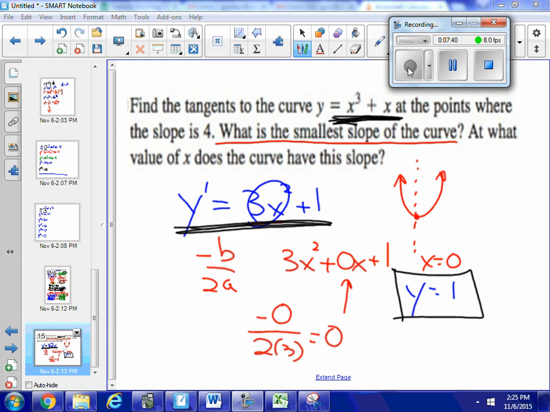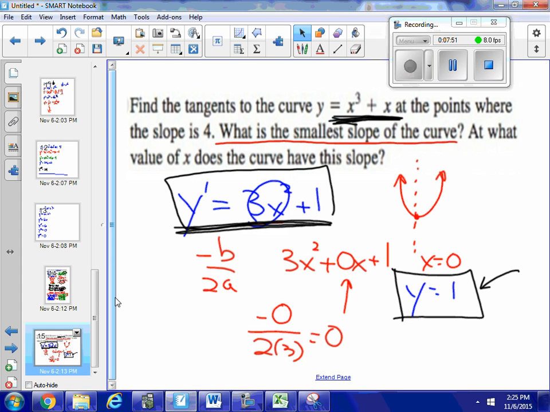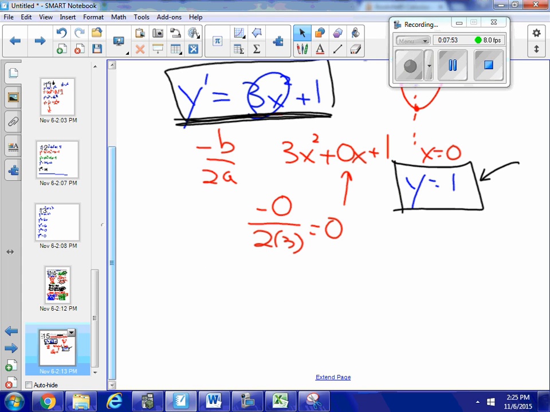Now, we could have also figured that out just thinking about transformations. So I know if I have the function x squared, that's a parabola. And I know that the vertex of x squared is right there at the origin, 0, 0. And I know that 3x squared means it's just going to stretch it up by a factor of 3.